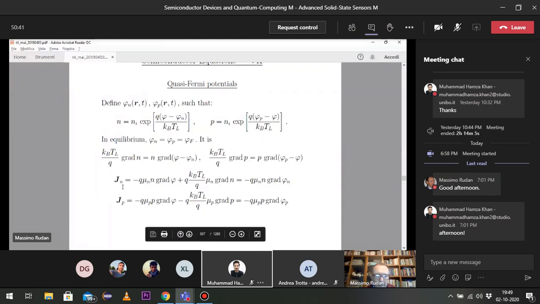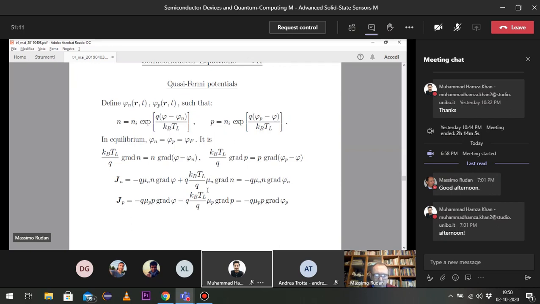So now, if you look at this expression for the current density of the electrons, the drift term is q mu n times the electric field, but the electric field is minus gradient of the electric potential phi. So minus q mu n gradient of phi is just the drift term.